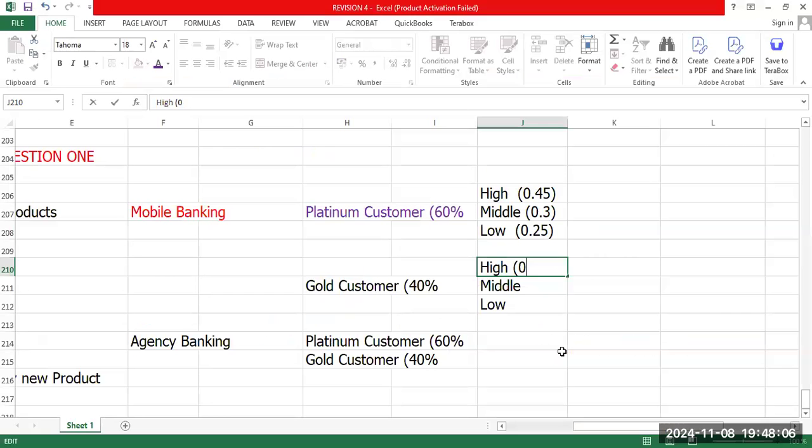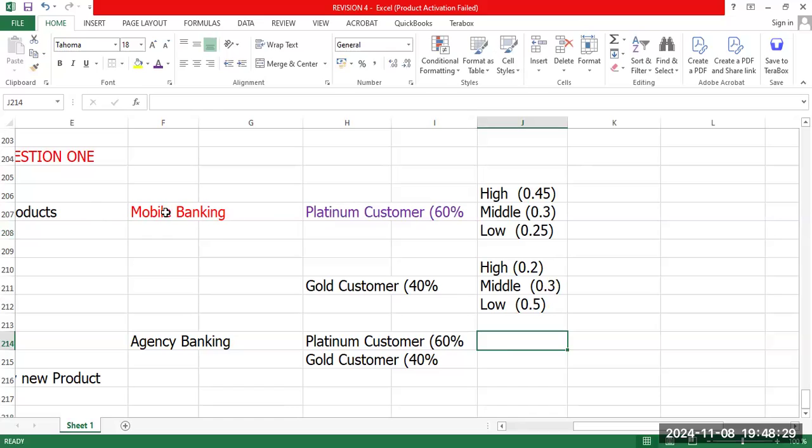Then middle is 0.3. Then low is 0.5. You're actually done with mobile banking.